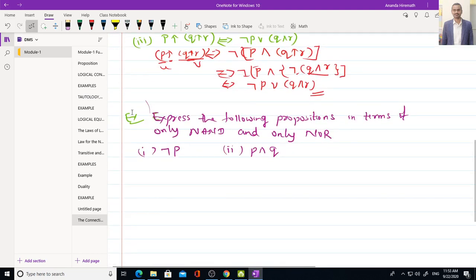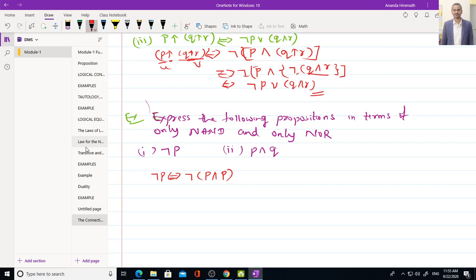In the next example, express the following propositions in terms of only NAND and only NOR. So this statement will be given and it should be represented only in terms of NAND and only in terms of NOR separately. Let us try to represent this for NAND. Not P can be written as P and P by using idempotent law.